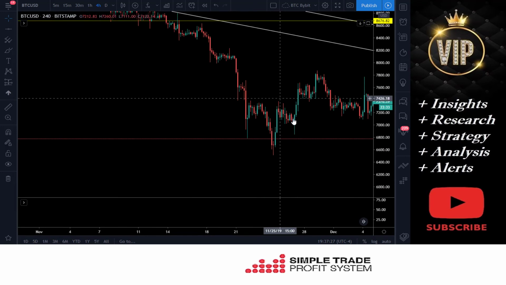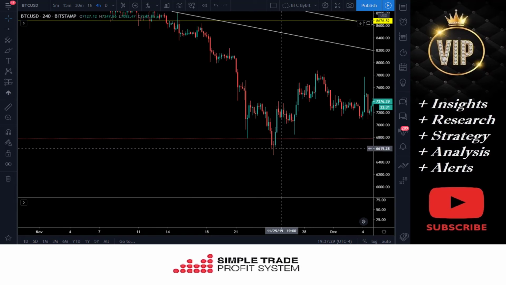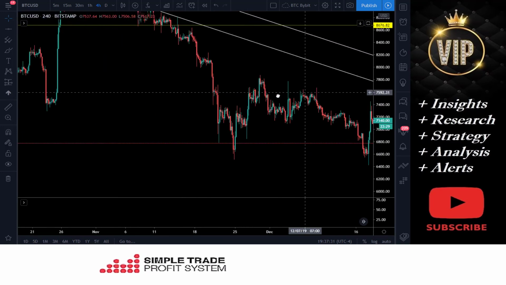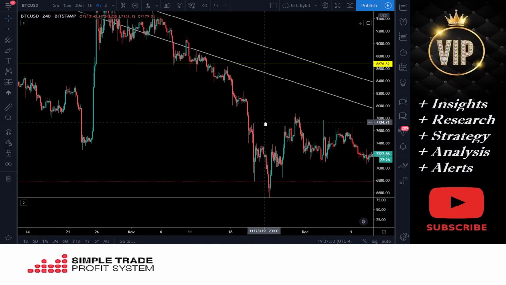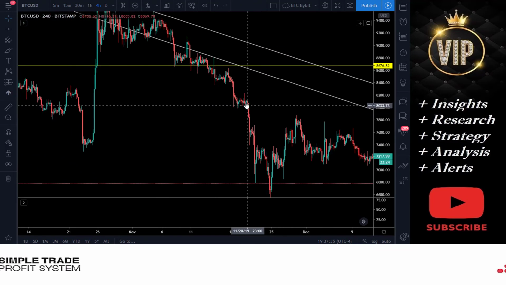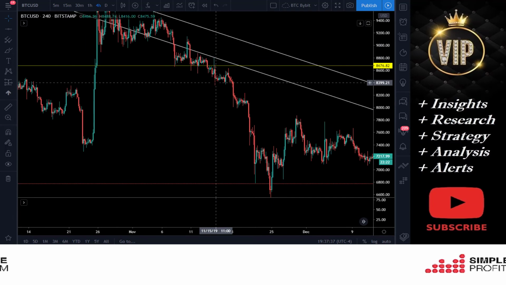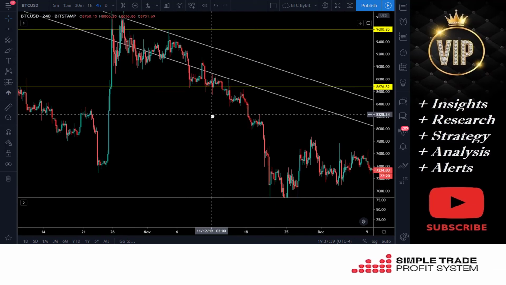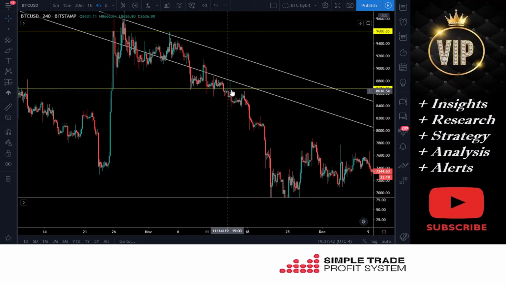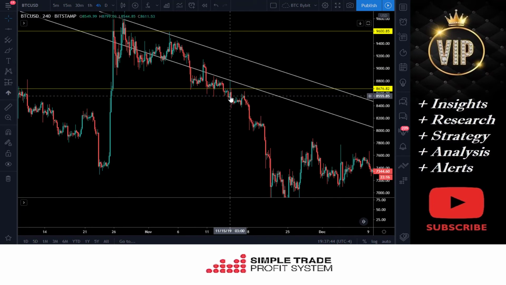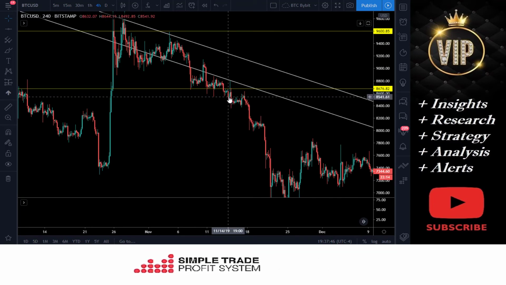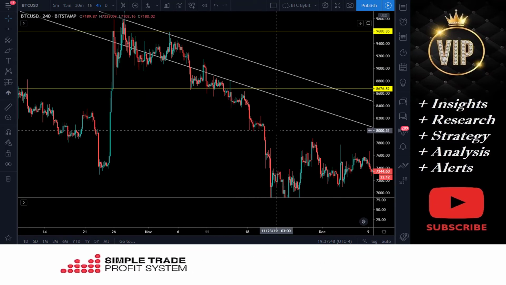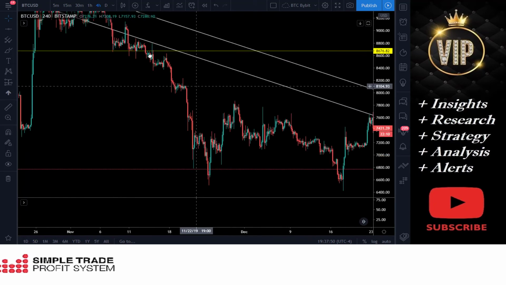And this would have been a really good trade all the way down to 6,500. So it moved $2,000. So you can see how we're combining all of the things we've learned so far. We're combining support and resistance, we're combining our trend lines, and we're combining looking for candlestick patterns that show us either strong support or strong rejection.